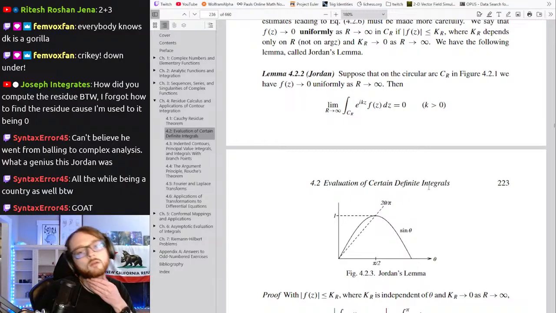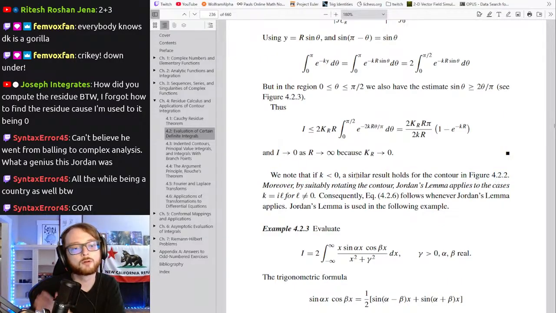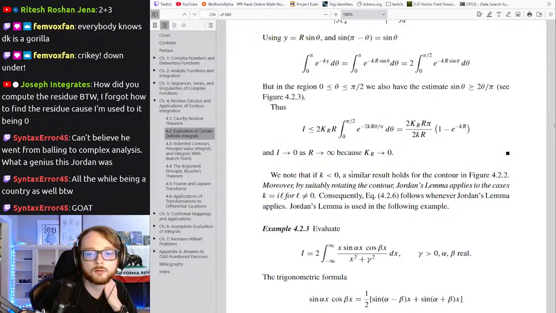Okay, so that actually, it is all just Jordan's lemma. It does also have to do with the contour.